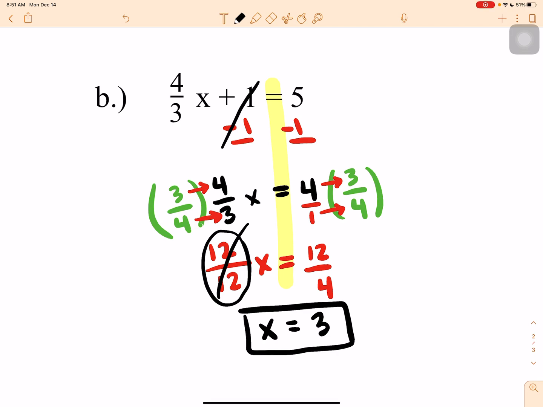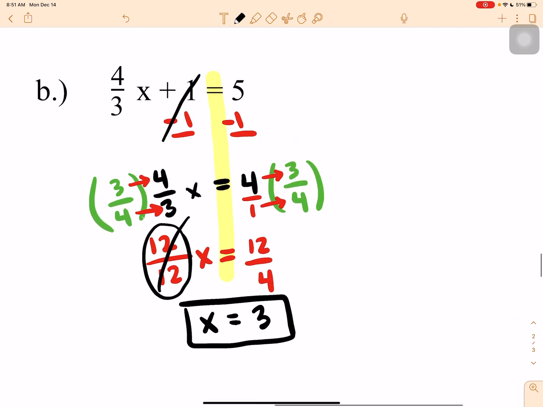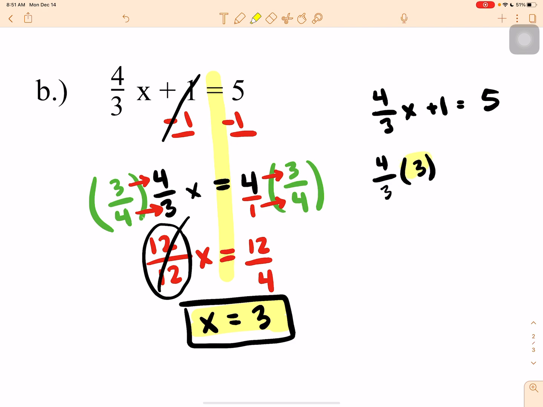Okay, and you guys can check your work again. So our original equation is 4/3 x plus 1 equals 5. So if I were to plug in my x here, if my x was 3, plus 1, I want to see, does that end up equaling 5?